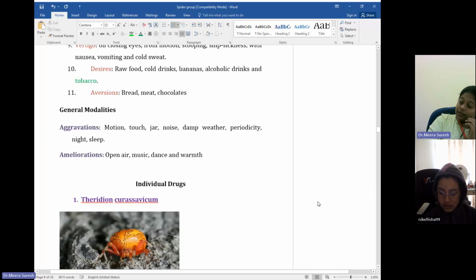Because even in Lachesis, they produce the nervous complaints or CNS complaints. Then they are also good for, as I told you, blood poisoning. In the case of spider, there is also blood poisoning.